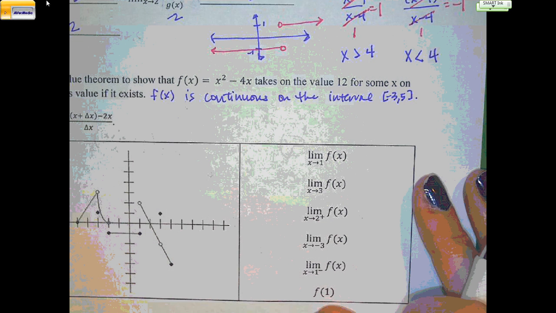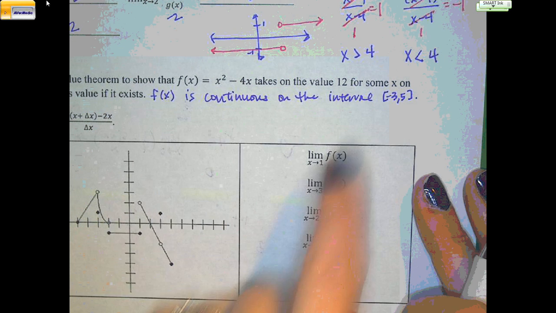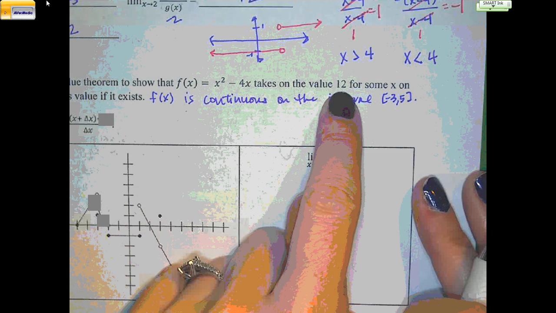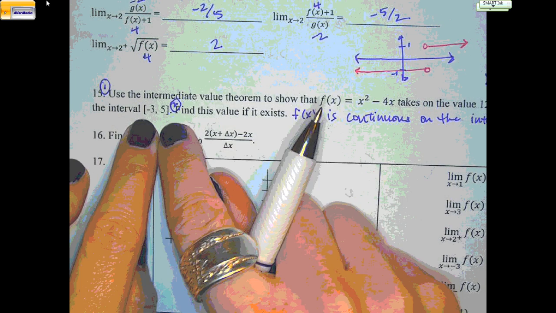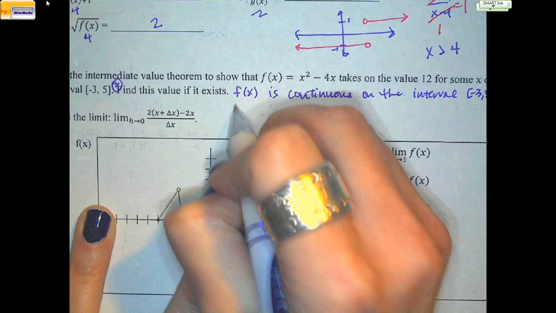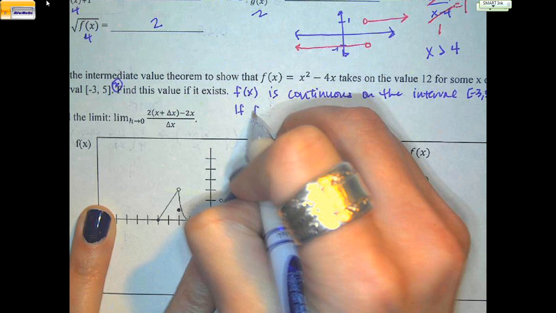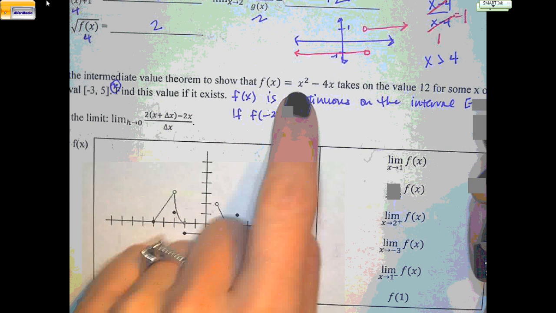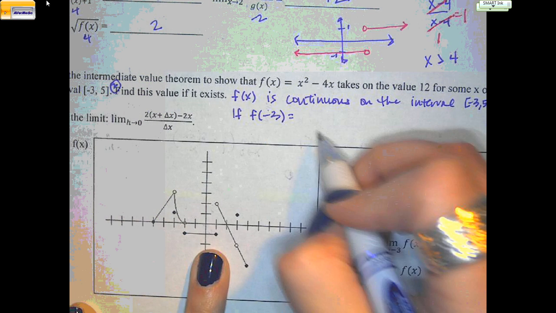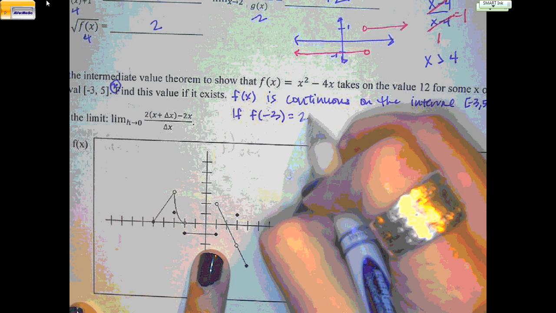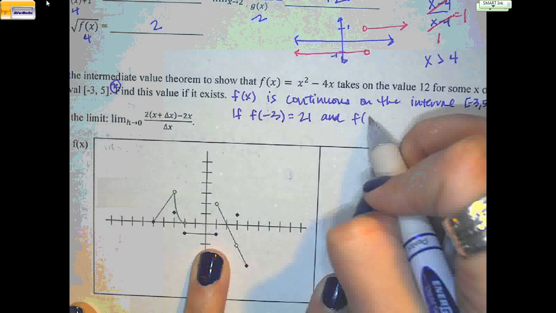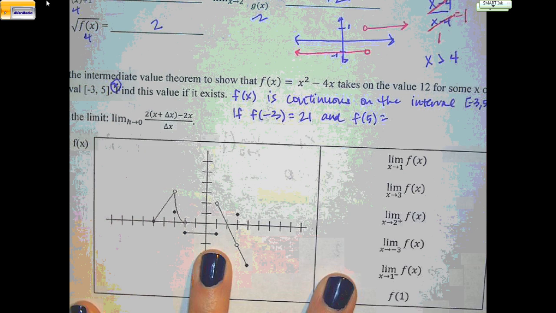The second piece for the intermediate value theorem is we have to talk about 12, and we have to see if that y value is between the y values when you plug in these guys. So let's see here. If f at negative 3 equals, let's see, negative 3, plug it in, what do you get? 21. And if f at 5 is, what is it? 5.